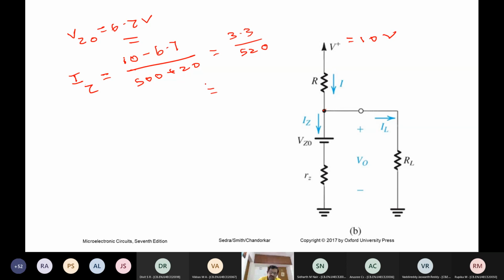I will give you the answer for this directly, because of the time we have: roughly about 6.35 milliampere. Now think about this current. Where was the starting current? IZT was 5 milliampere.